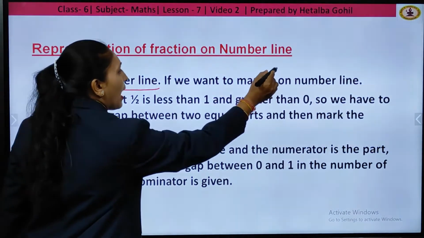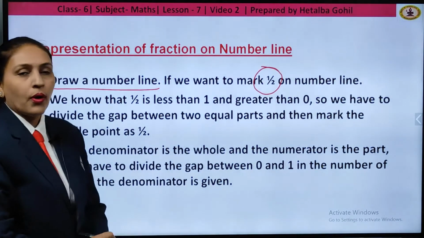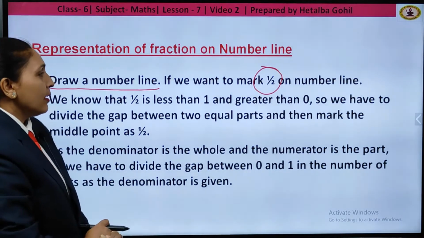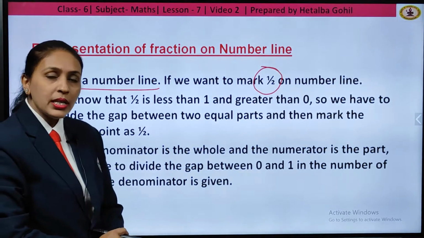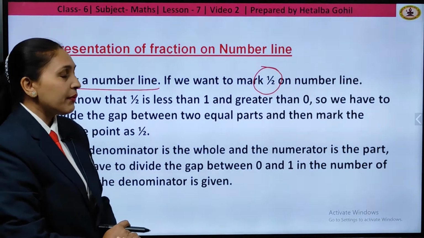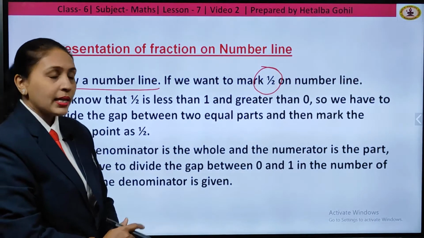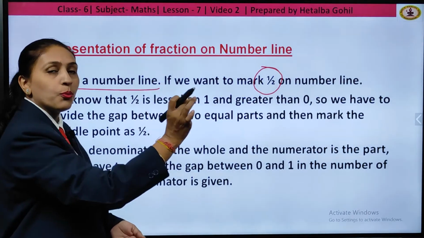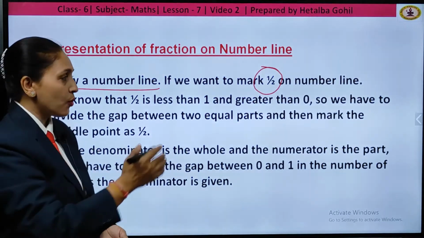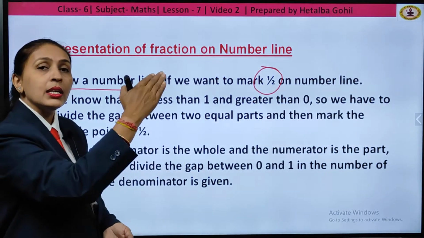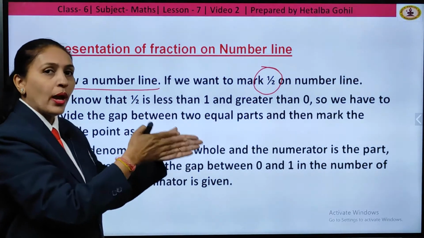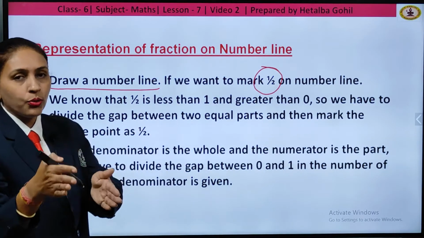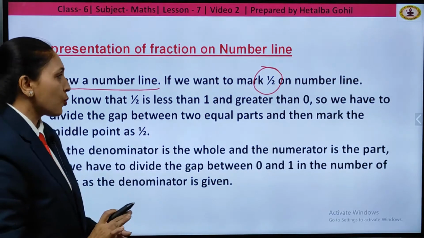Suppose we want to mark 1/2 on a number line. Then between each two numbers, you have to leave equal gaps, marking the two places between each number. So two parts you have to make between two numbers, or 0 and 1. You can call it as 1 and 2, 3 and 4, and so on.